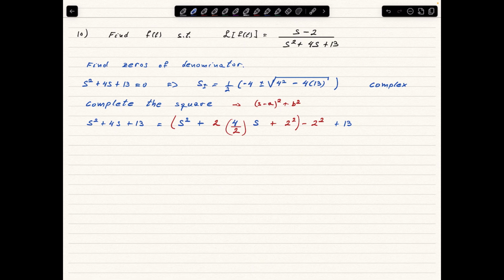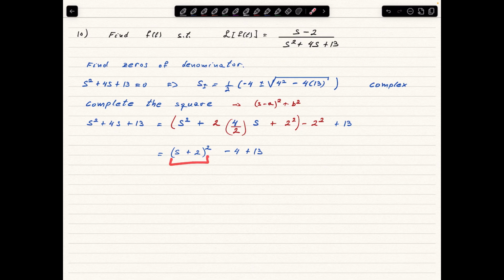You see, what we have between parentheses is nothing more than a perfect square. This is s plus this number all squared. And then of course we have the minus 4 plus 13, the other two terms.